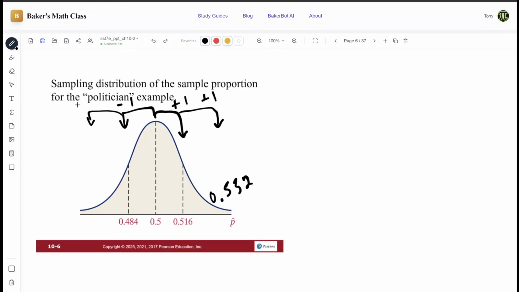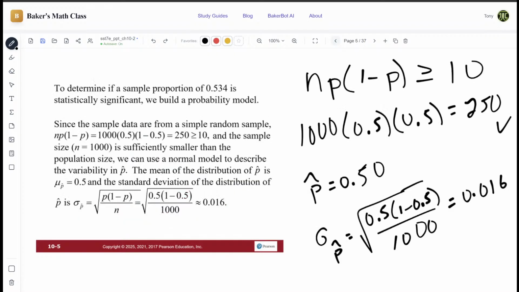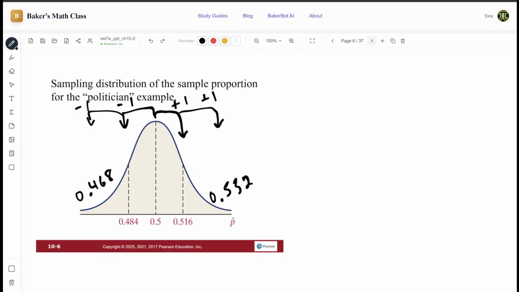And another one down is 0.468. I was doing 1.6, right? Yep, that's right. Okay. So that's 2 standard deviations away.